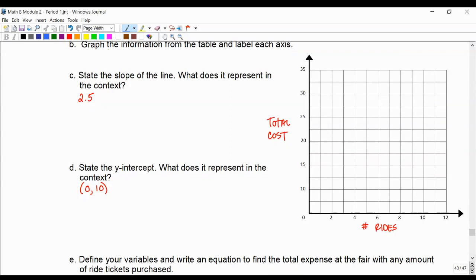All right, now we're going to go to our graph. Our graph starts at 10, and every ride goes up by 2.5. And this is kind of weird, actually.